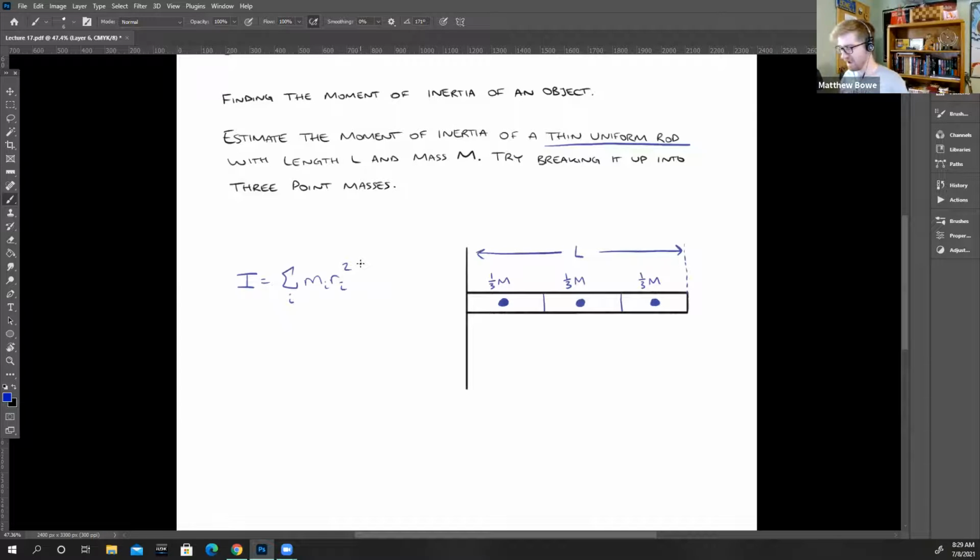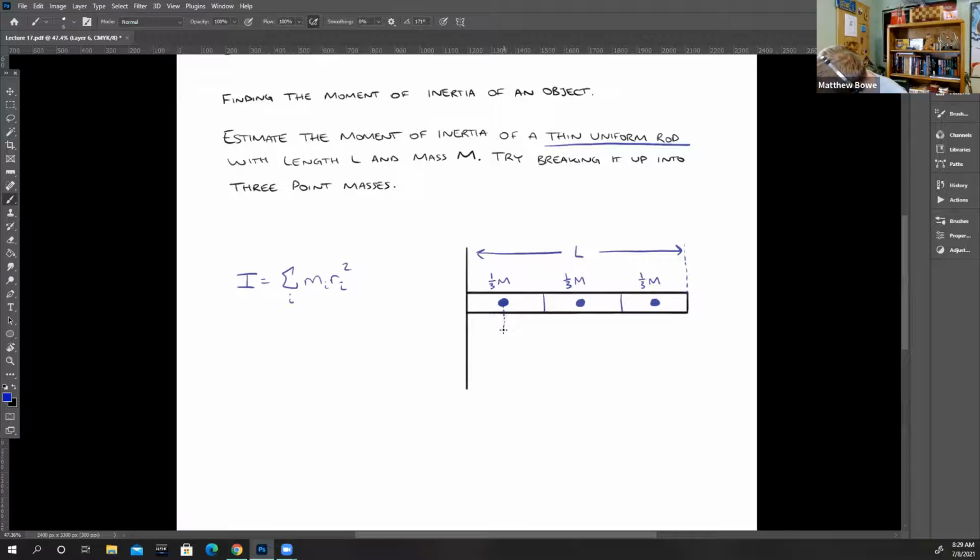There's another thing I haven't quite labeled yet on this picture. This first mass is a different distance away from the axis of rotation than that second mass. So let's label these distances also.